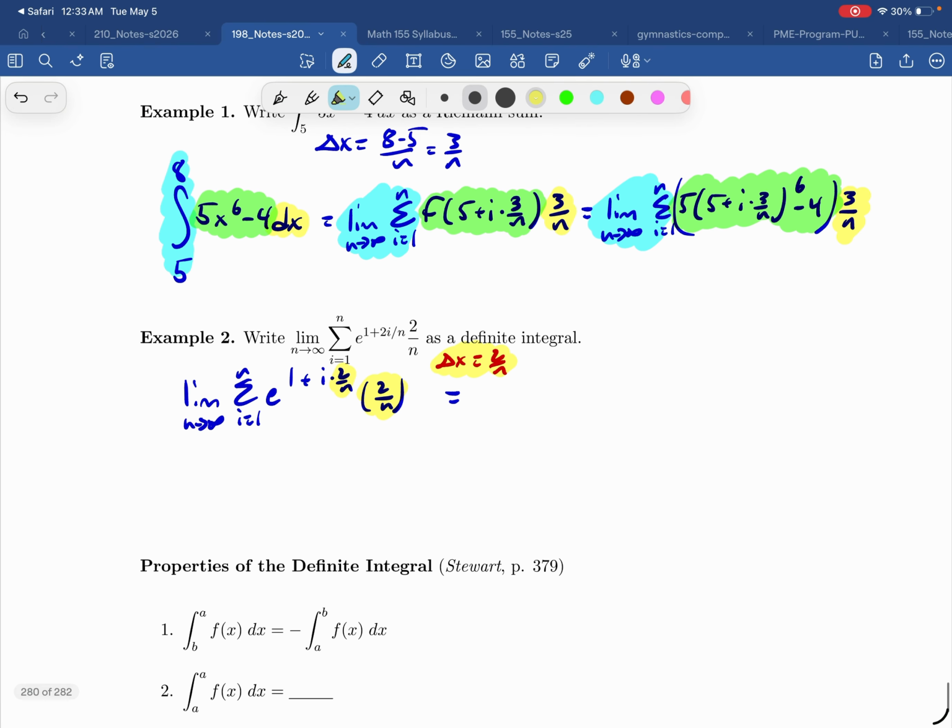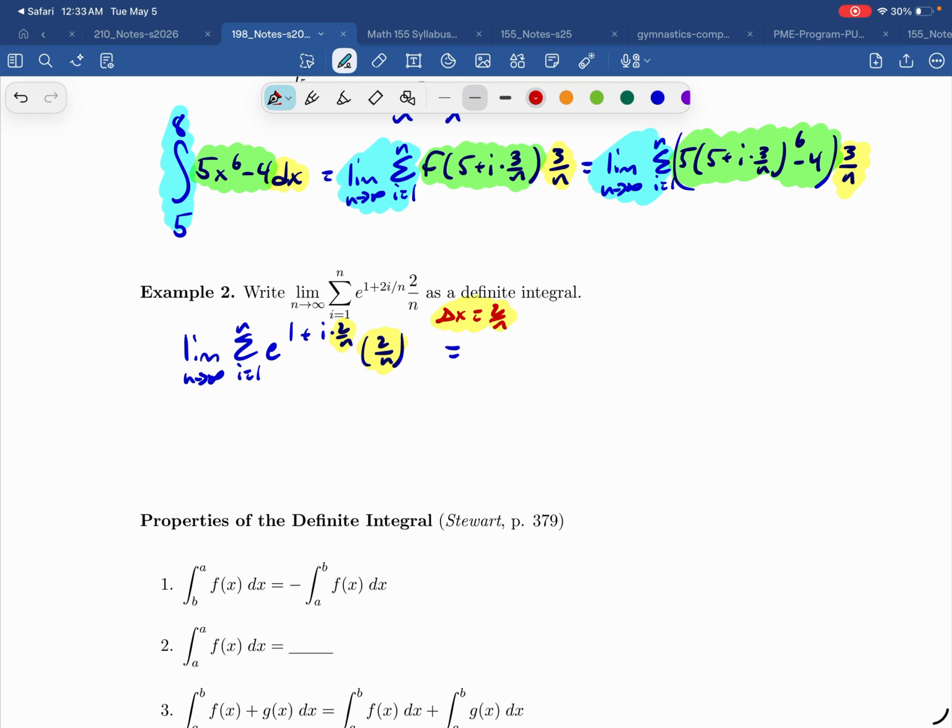So now that we know that, we can say, okay, instead of all this limit of the sum nonsense, I just write the integral sign. And I might notice that this right here is our a. So we're going to be integrating from 1 to, well, hold on a second.